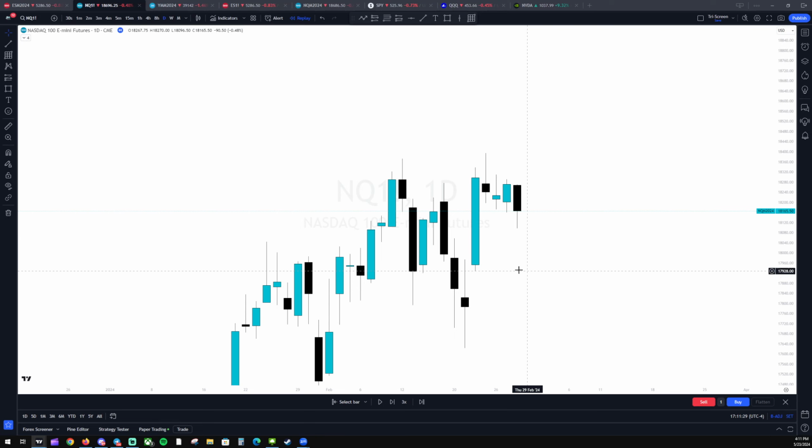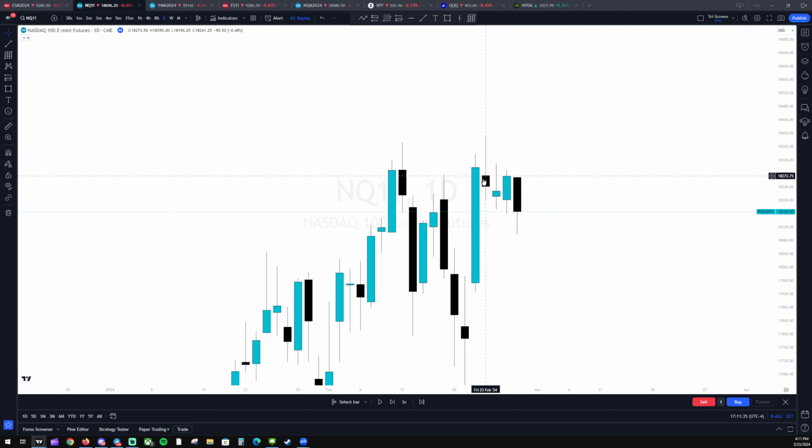So what I'm looking for is, if we have an up candle like this, and the next day this candle closes back as a down candle inside the range of this candle, the next day we expect this low to get ran, and then you see it gets ran, right?